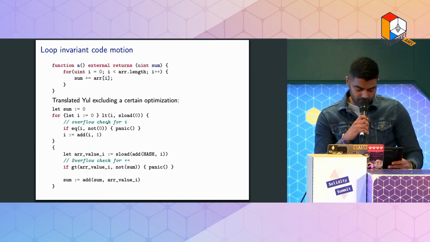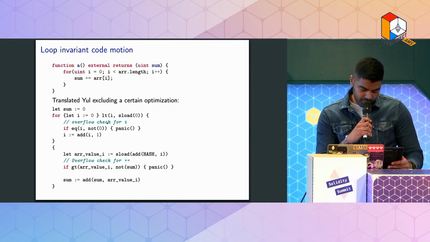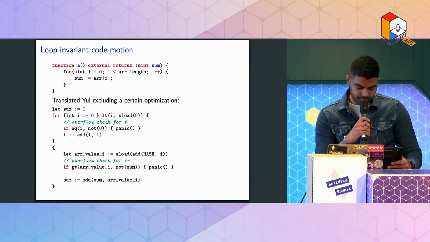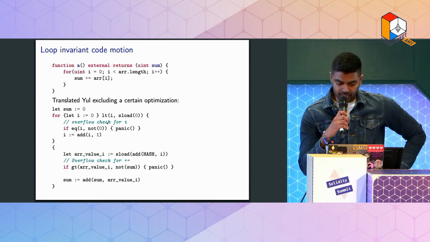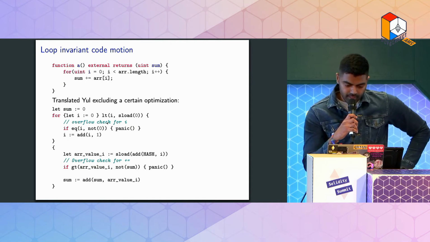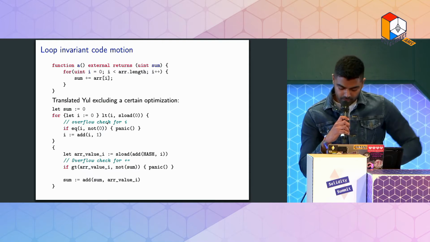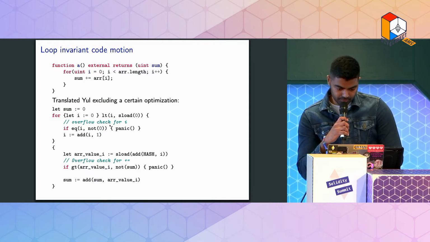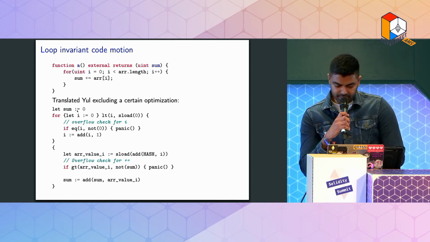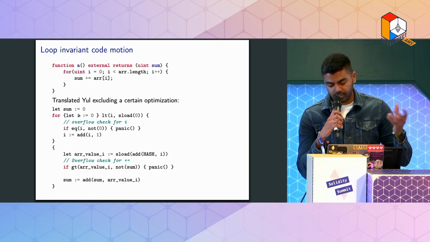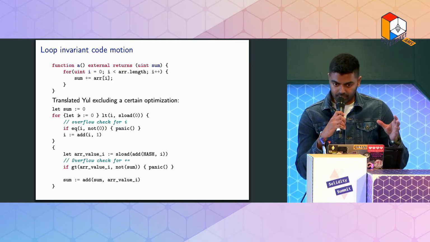Now, going back to the question from the beginning of the talk. You have the same array here, and if you look at the translated UL, it would look something like this. You have a variable sum, which is initialized to 0, and you have a for loop.